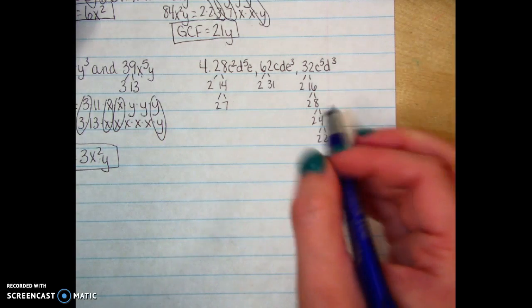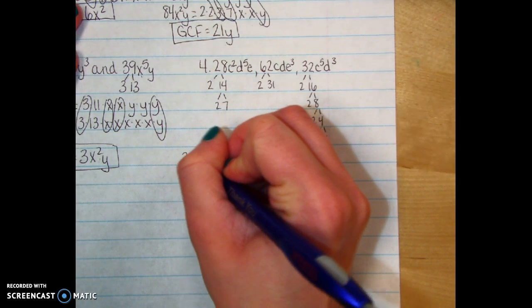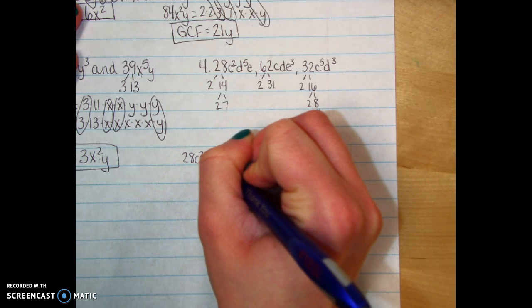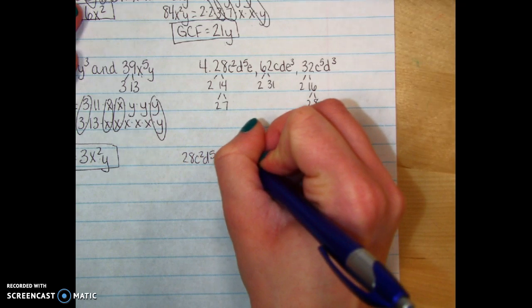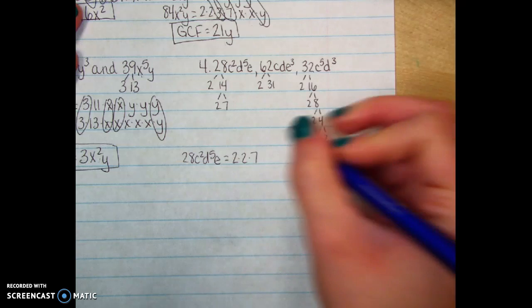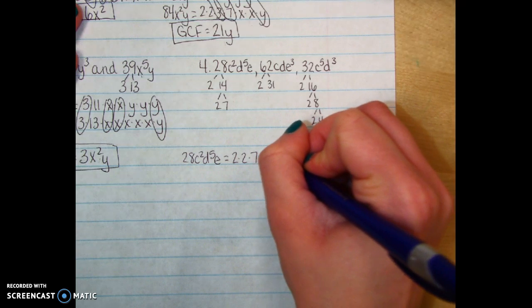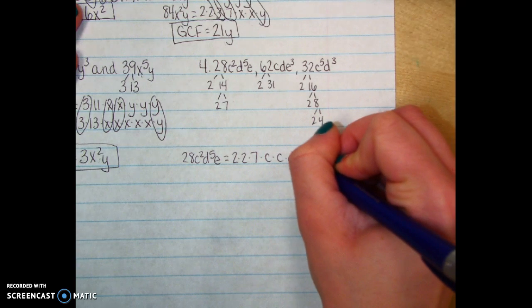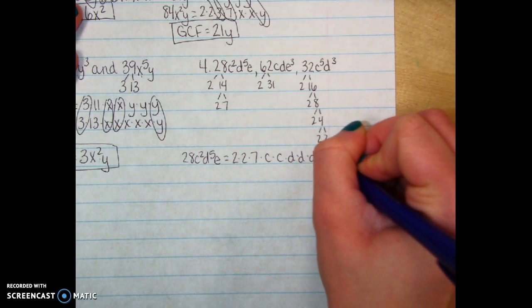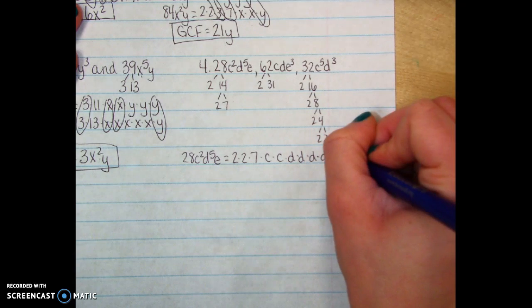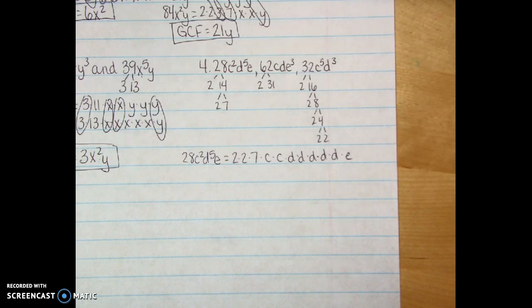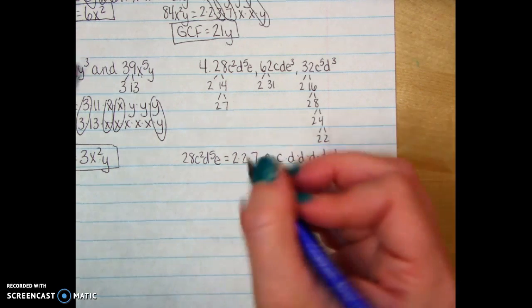Okay, let's write these out. 28 c squared d to the 5th e is 2 times 2 times 7, and then c times c, and then d times d times d times d times d times e. I know it's a lot of work. I'm sorry.